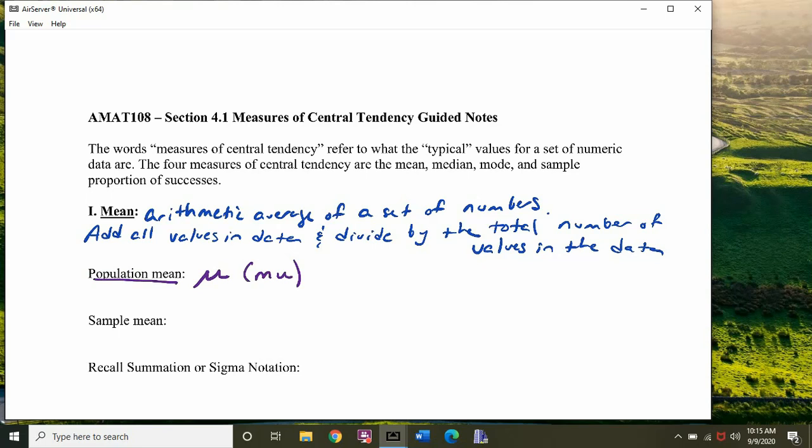And for our sample means, we typically use x with a little line over it, and we call that x bar. This will be the one that we use more likely than not in this class. And that notation just means that we took a sample from the population and we're finding the average of the sample.